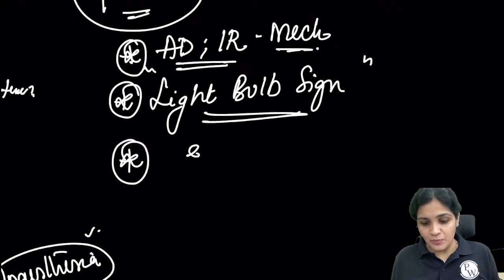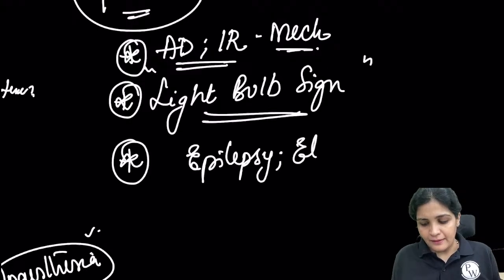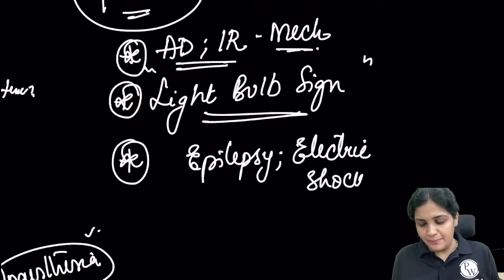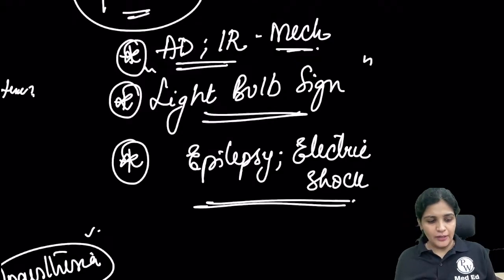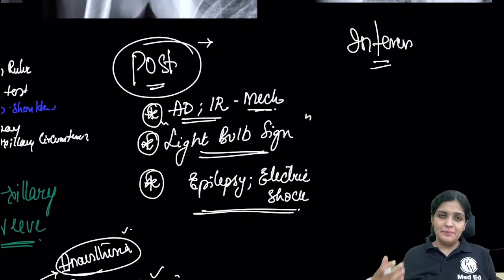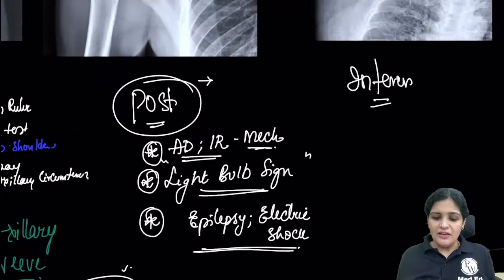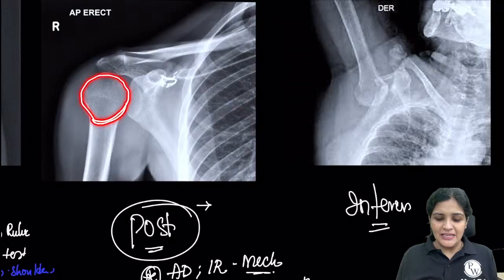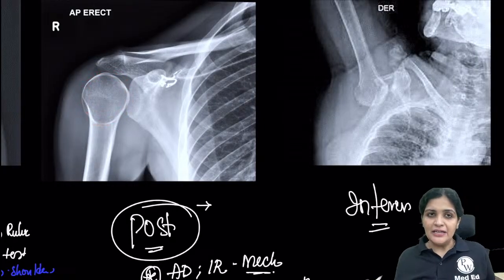Patients presenting with epilepsy, and electric shock, high voltage electric shock, very good. Whenever we see patients with epilepsy and electric shock, we usually see this light bulb sign, which is seen in posterior dislocation.